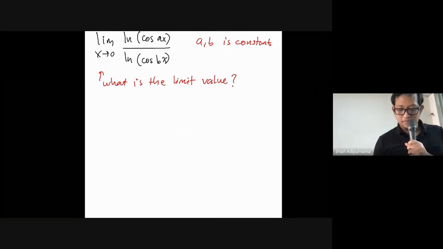I think we can go directly to L'Hopital.